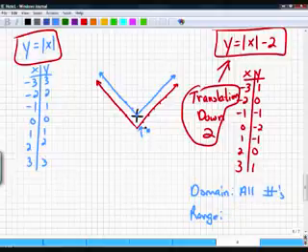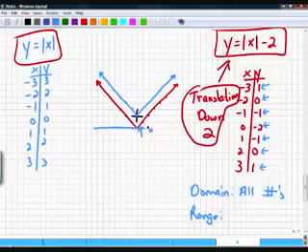Range. Here's what we're trying to find the range of: this second graph. Range is what your y's can be. Look at your y's: 1, 0, negative 1, negative 2, negative 1, 0, 1. I think it's easier to look at the graph to get your range. Your range is how far up and down your graph goes. It's your y values. Where does your y start down here?